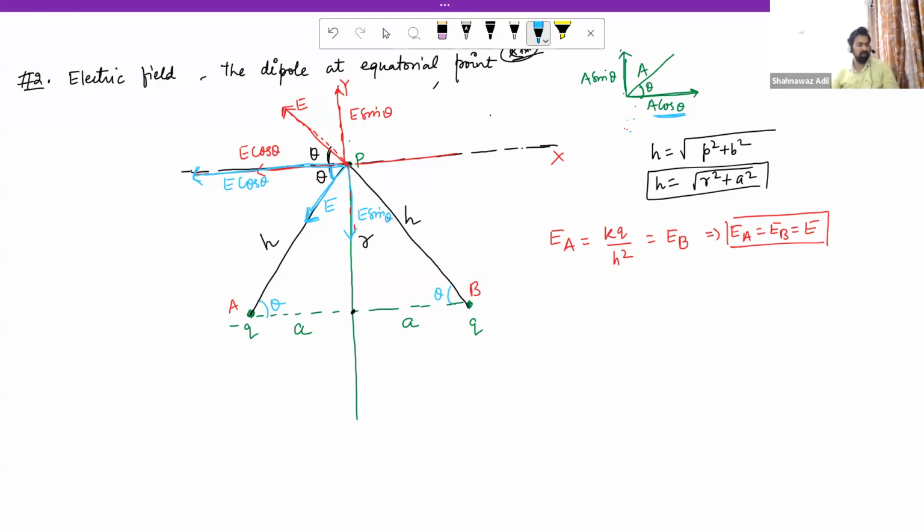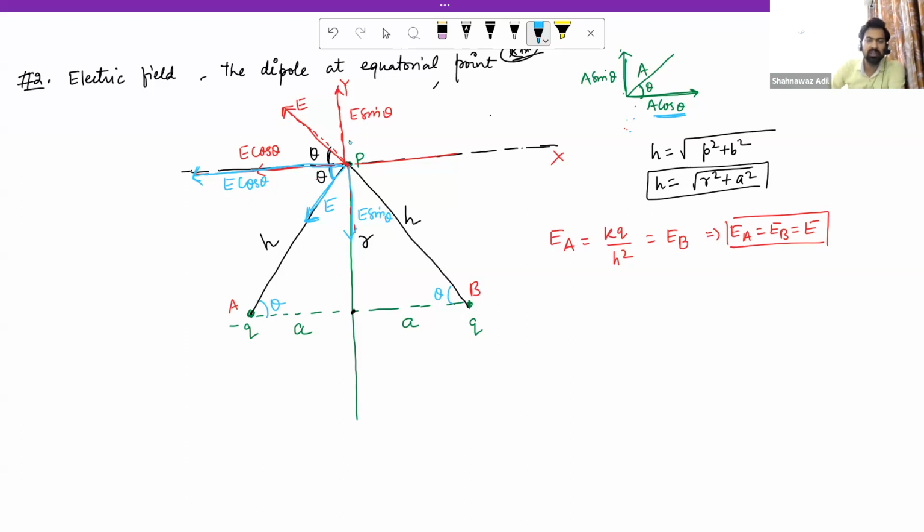So now you tell me which one is cancelling, which one is adding up. E sin theta, is it cancelling or adding up? Both are in different direction. One is pulling it away, the other one is pulling it in the other direction.